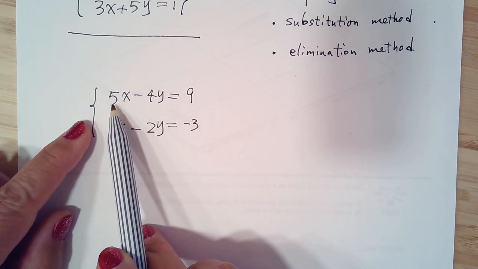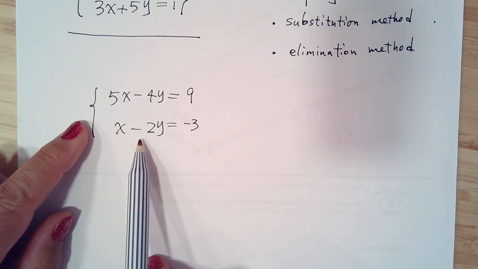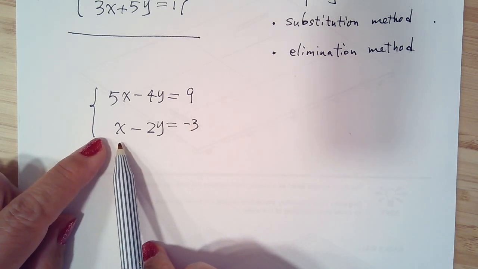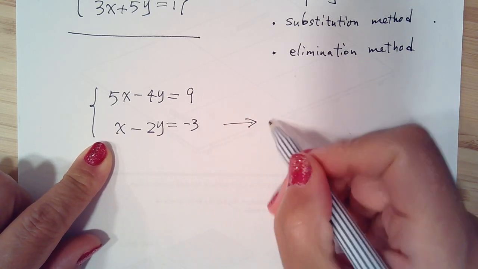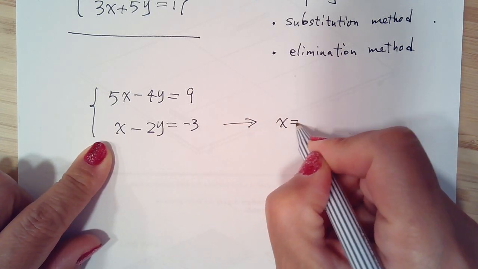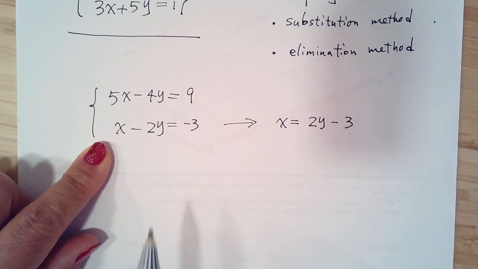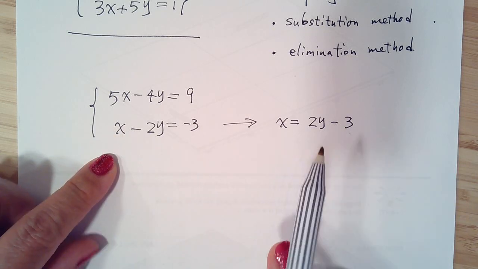Look at the coefficients, 5, negative 4, and here's a 9. And here's a 1, here's negative 2, here's a 3. Now, the good thing is you have a 1 here. Once you have a 1 here, you can rewrite that as x equals 2y minus 3. Can you do that? You plus 2y on both sides, so you're going to have just x on one side.